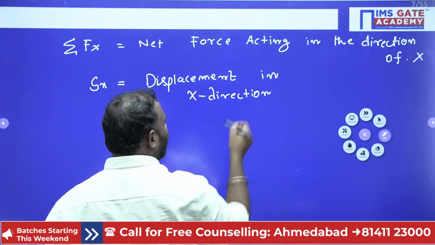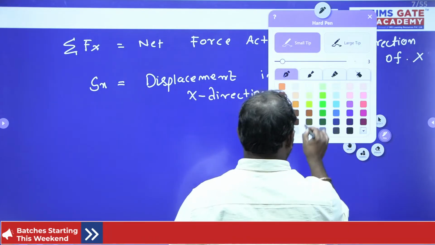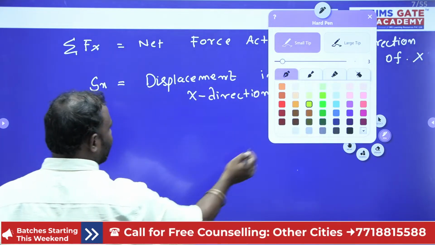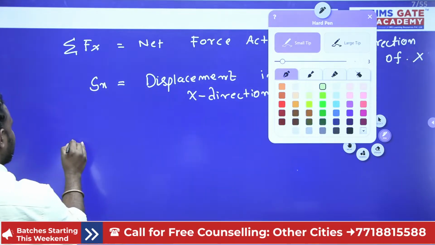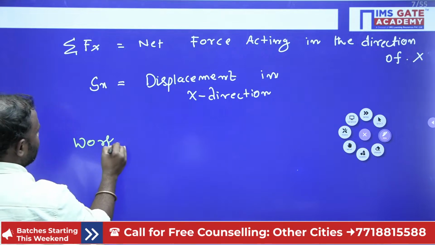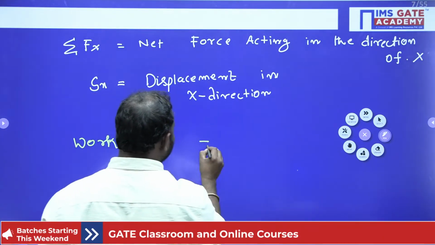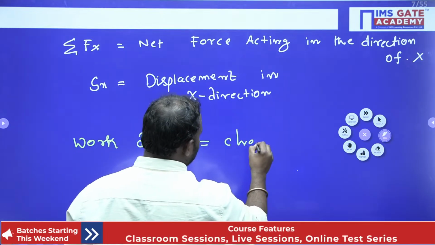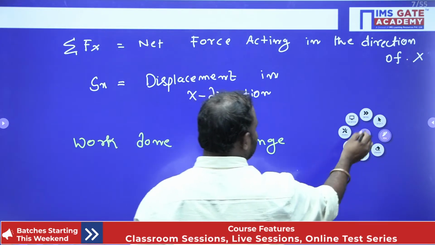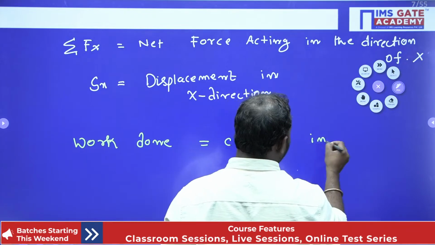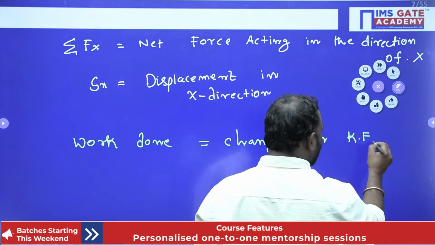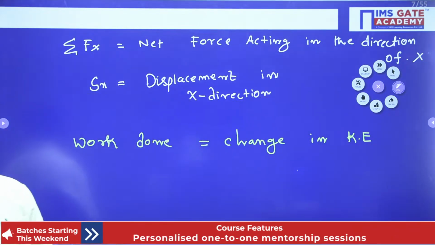Now here, how can we write work done? Work done is equal to change in kinetic energy. That is what the work and energy principle is saying. What is the work done here?